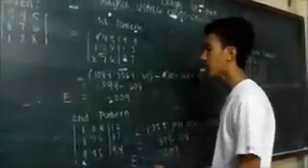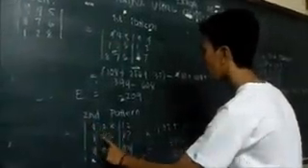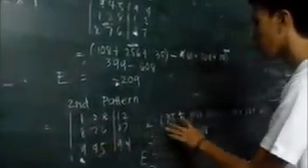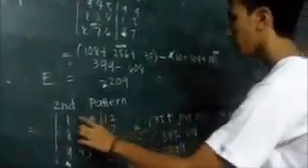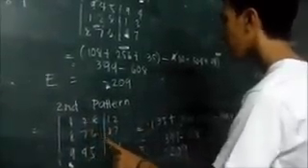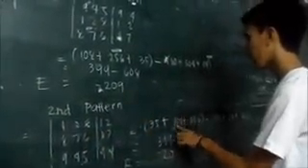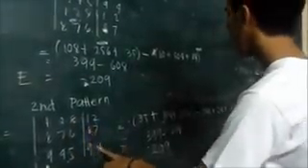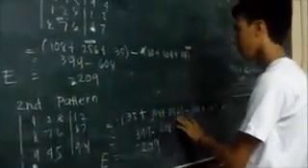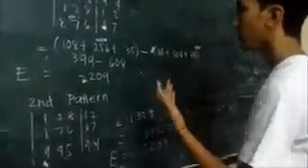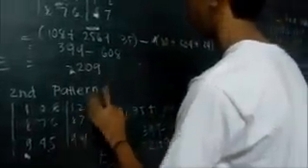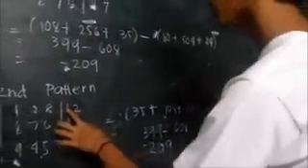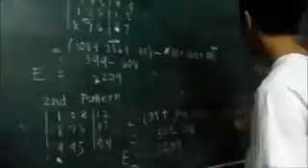We'll do the same process. 1 times 7 times 5 is equal to 35. Plus 2 times 6 times 9 is equal to 108. Plus 8 times 8 times 4 is equal to 256. Minus, as we did on the first, 2 times 8 times 5 is equal to 80. Plus 1 times 6 times 4 is equal to 24.